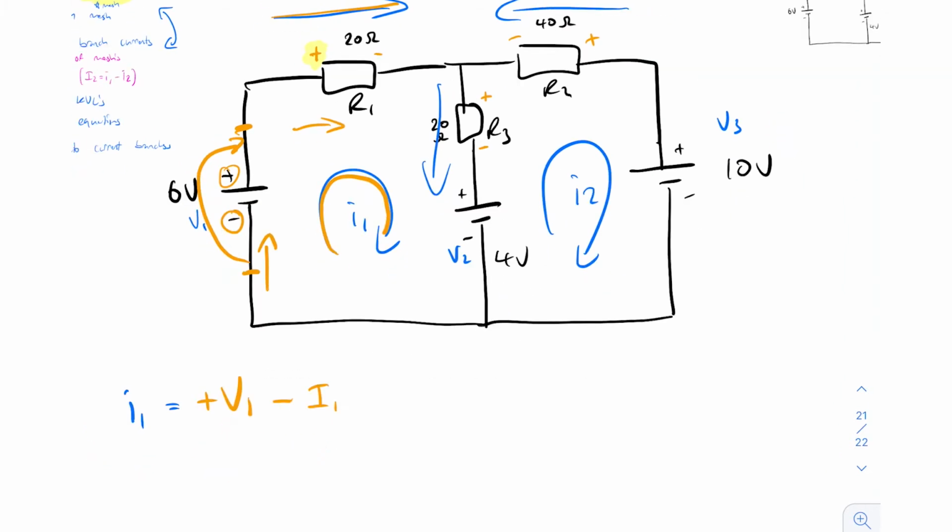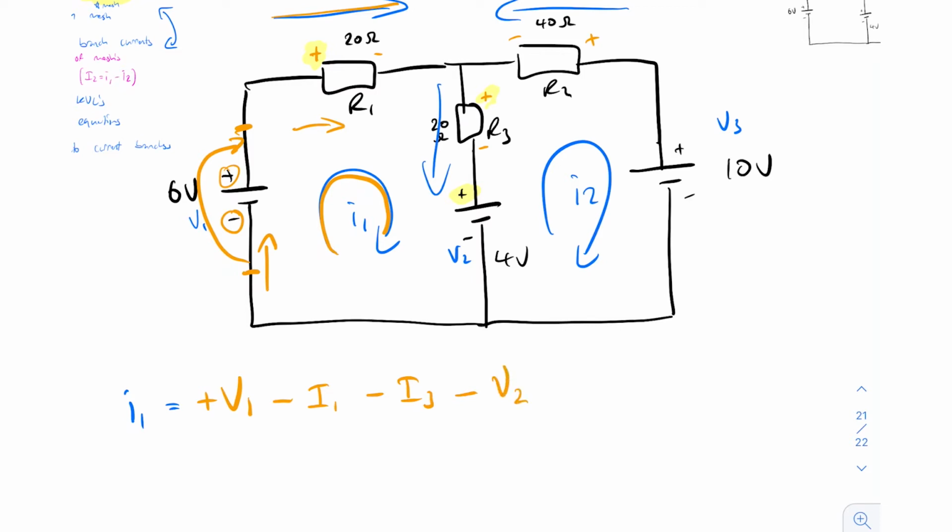Now the loop comes to the resistor R3, right? So it meets it at its positive terminal here, right? So then you have again a voltage drop of I3, and then it meets this voltage source V2 at its positive terminal again. So then it has now a voltage drop of V2.